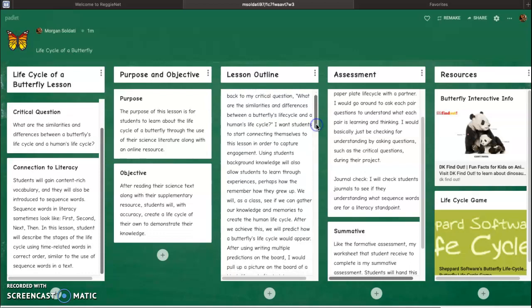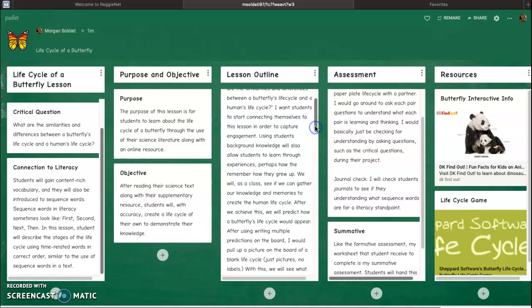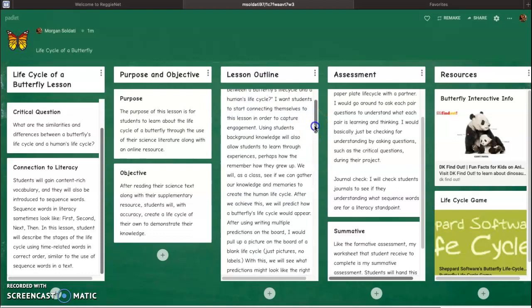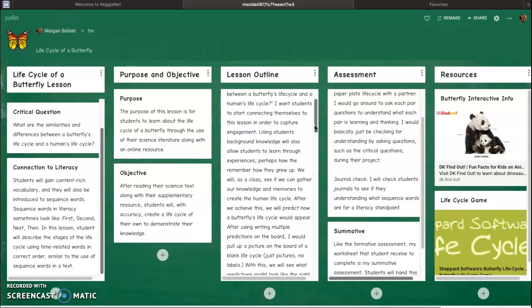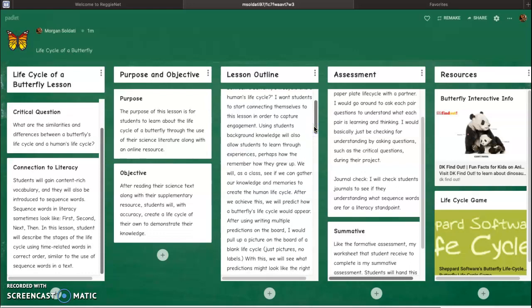So I really want students to start connecting themselves to this lesson in order to capture the engagement. So this is where I'm really going to emphasize this question. I'm going to have students pull their background knowledge to learn through experiences and maybe reflect back to or remember when they grew up and the stages they're in right now, or the stages they've completed, or the stages they have yet to go through.